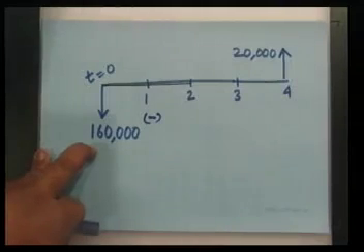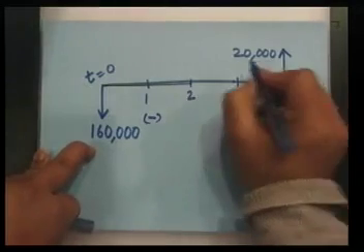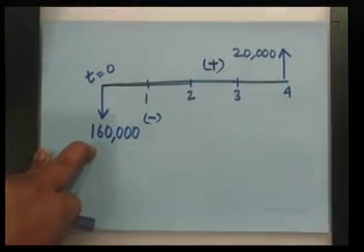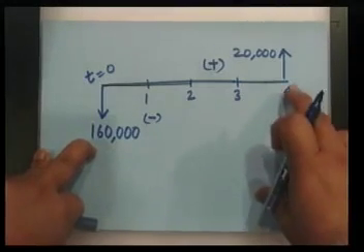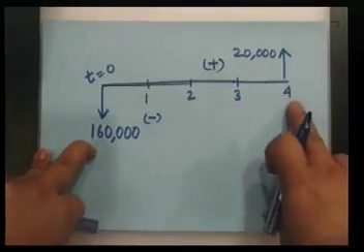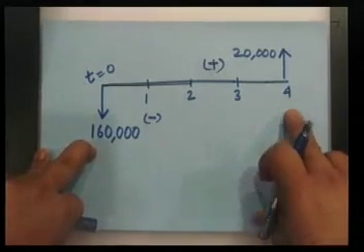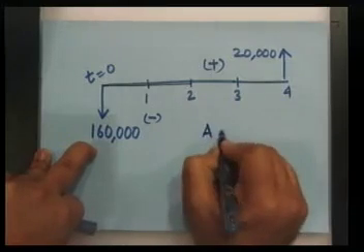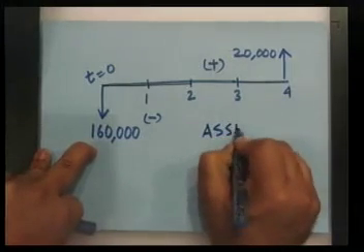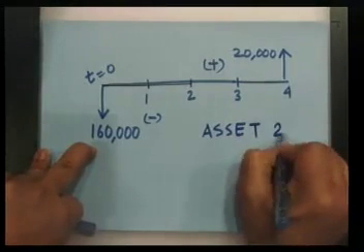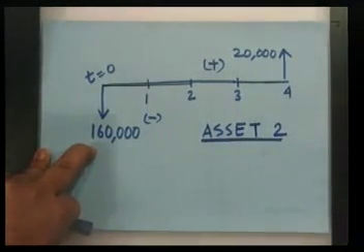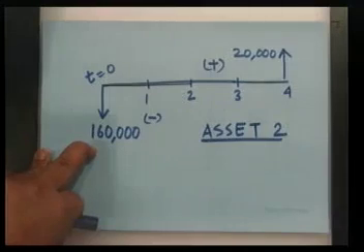Whereas salvage value you will be receiving. So, that is why I have kept it on the positive side. And this salvage value of 20,000 you are realizing at the end of year 4. This is the cash flow diagram of asset 2.